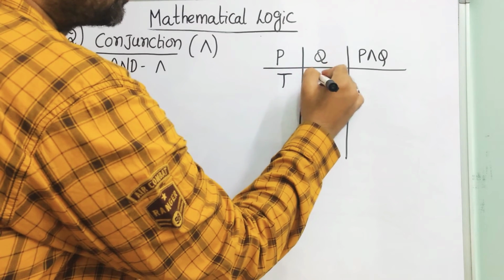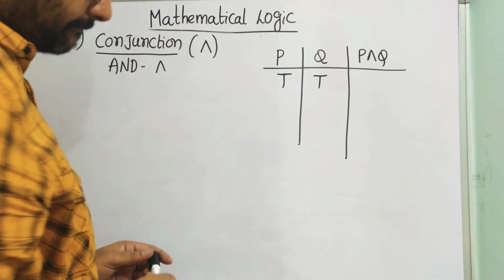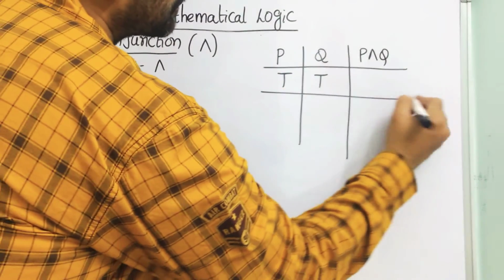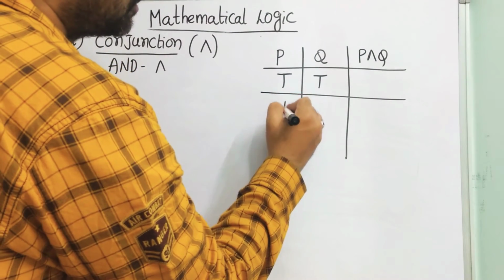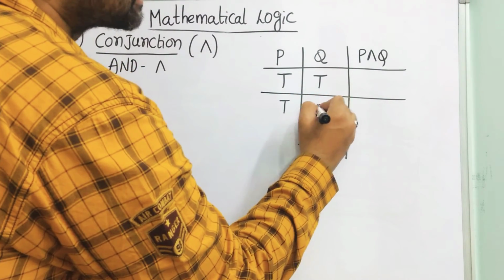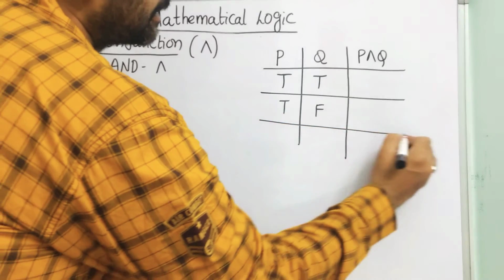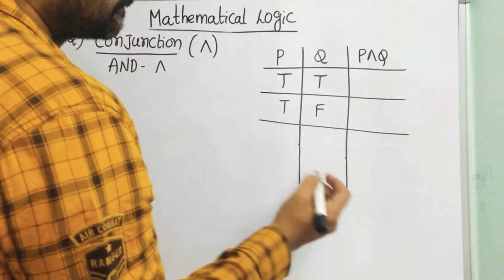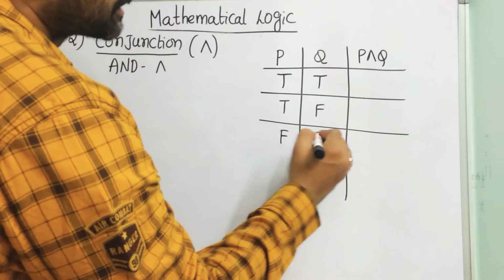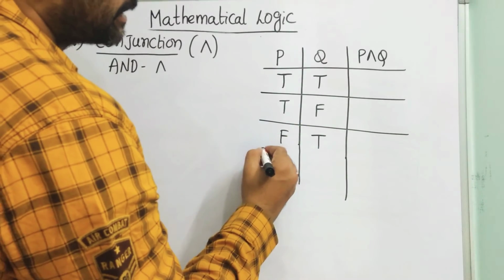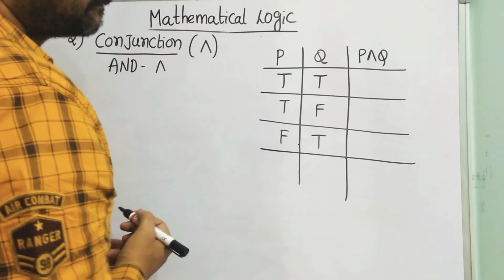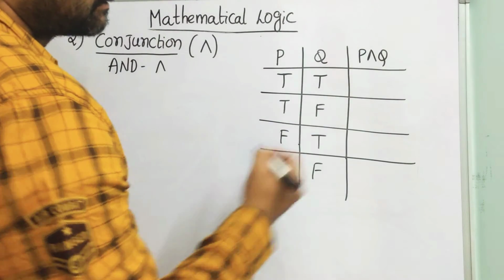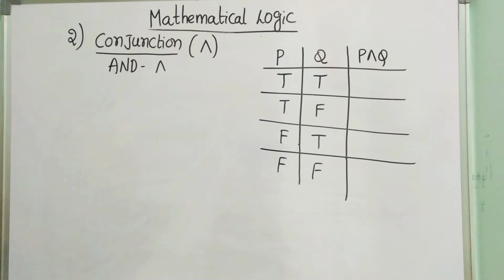So true true is one possibility. True false is another possibility. False true is another possibility. And finally, false false.